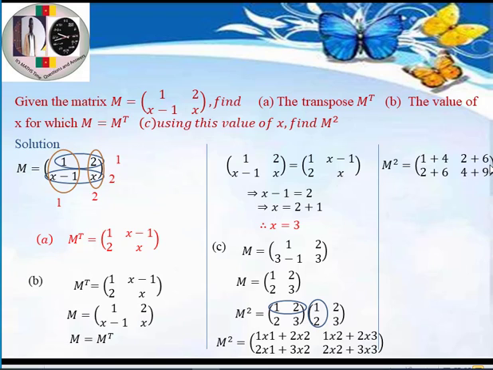So we add: 1 plus 4 is 5, 2 plus 6 is 8, 2 plus 6 is 8, and 4 plus 9 is 13, to give us M squared.